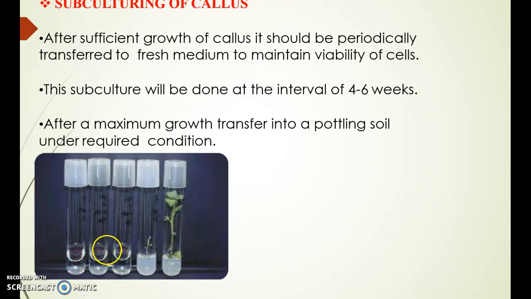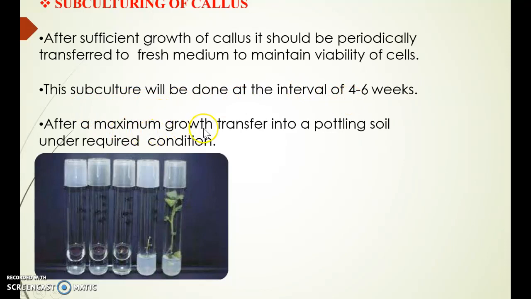If it is left like that, the callus or tissue which has grown will die off. So to maintain the cultures, subculturing is done after sufficient growth of the callus. It should be periodically transferred to fresh medium to maintain the viability of the cells, at an interval of 4 to 6 weeks.